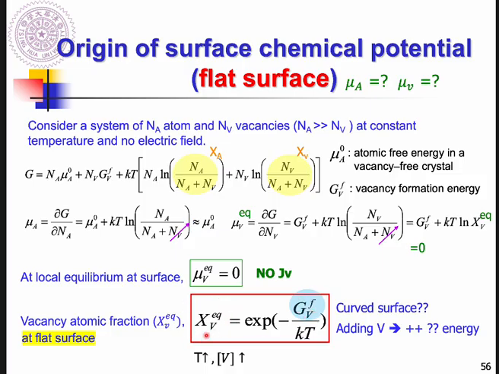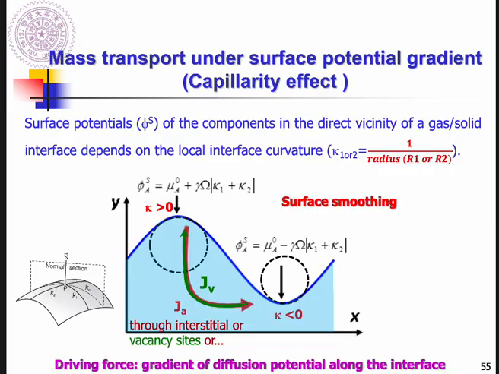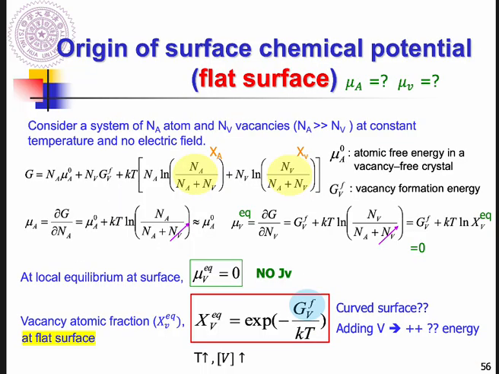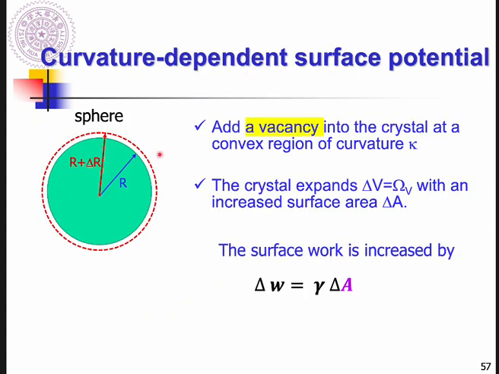Then that will help you to know the atomic fraction of the vacancy on the curved surface. Why is this so important? Because we want to show what happens on the curved surface. So in order to get this term, the vacancy formation Gibbs free energy on the curved surface, let's go step by step, okay?